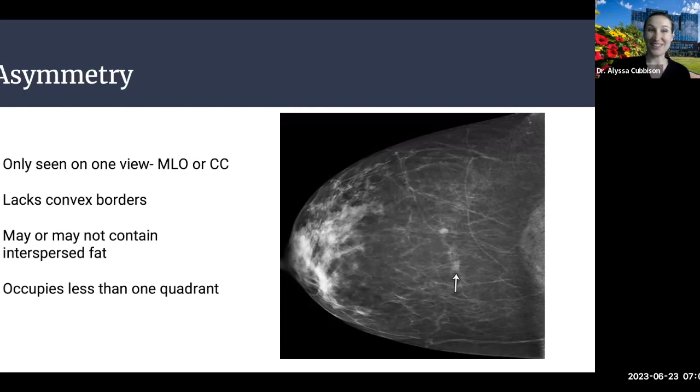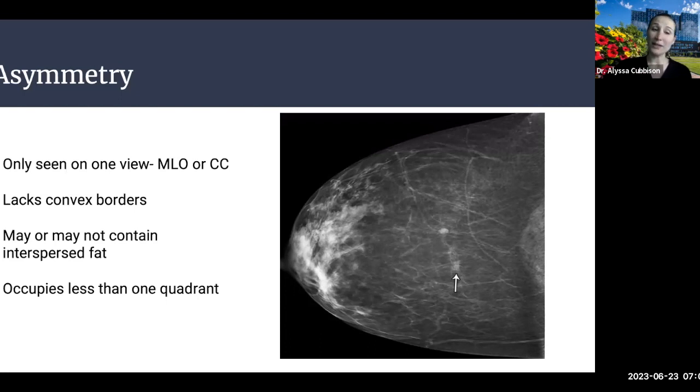But just for sake of understanding, this is by definition a one view finding. It can look very similar and often does represent normal breast parenchyma, but there's something about it on the mammogram that lets us think that this is discrete and potentially not just due to breast parenchyma. It lacks convex borders, so sometimes you'll see what looks like a mass that you can only see on one view, but usually asymmetries lack the convexity that we see in a typical mass.